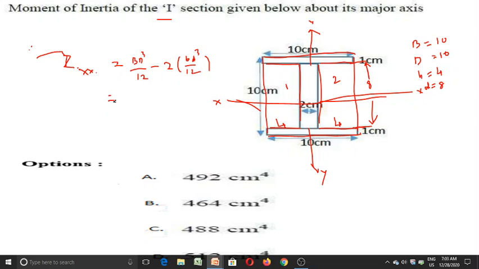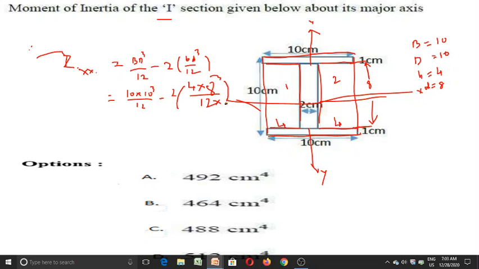You will get B is 10 into capital D also 10, power 3, 10 cube by 12, minus 2 into small b, which is 4, and d is 8, so d cube means 8 cube by 12.